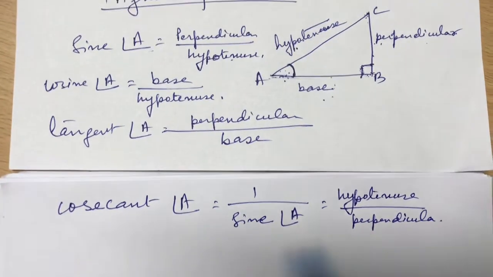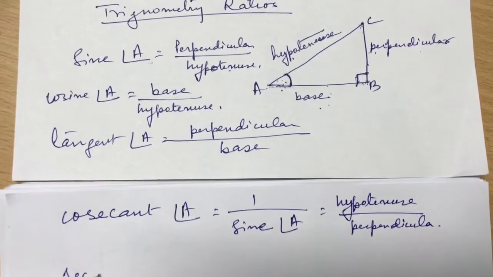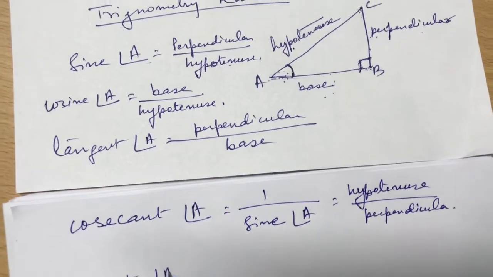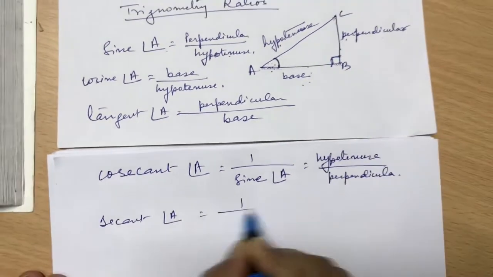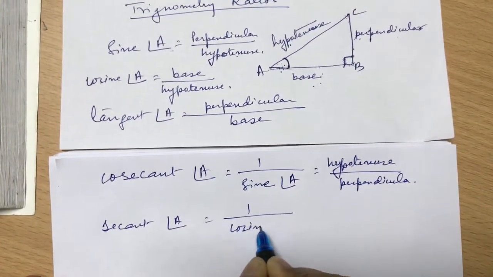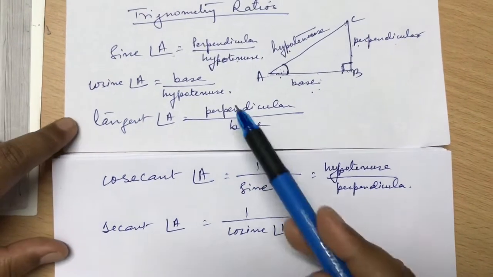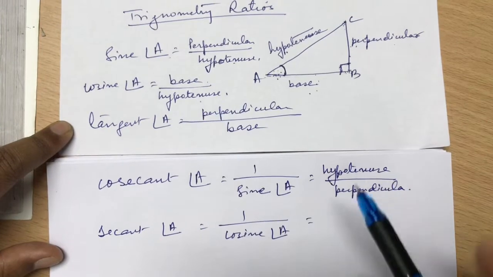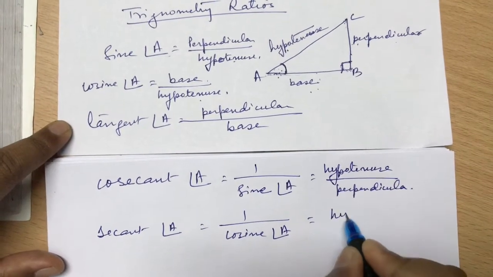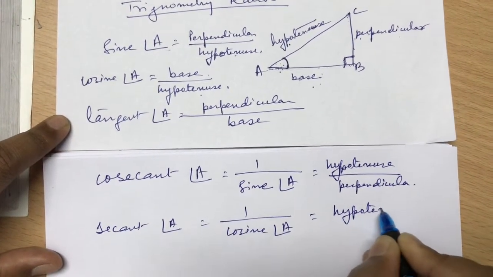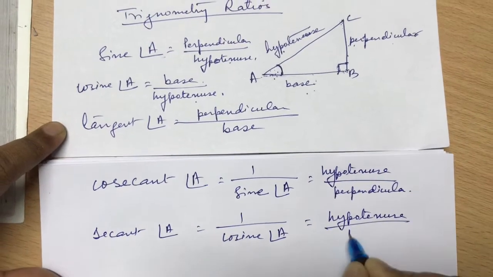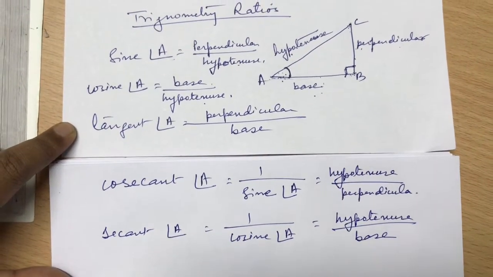Fine. Then you have secant of angle A. It is 1 by cosine of angle A. So 1 by cosine, cosine is base by hypotenuse. So you will have hypotenuse by base. Fine.